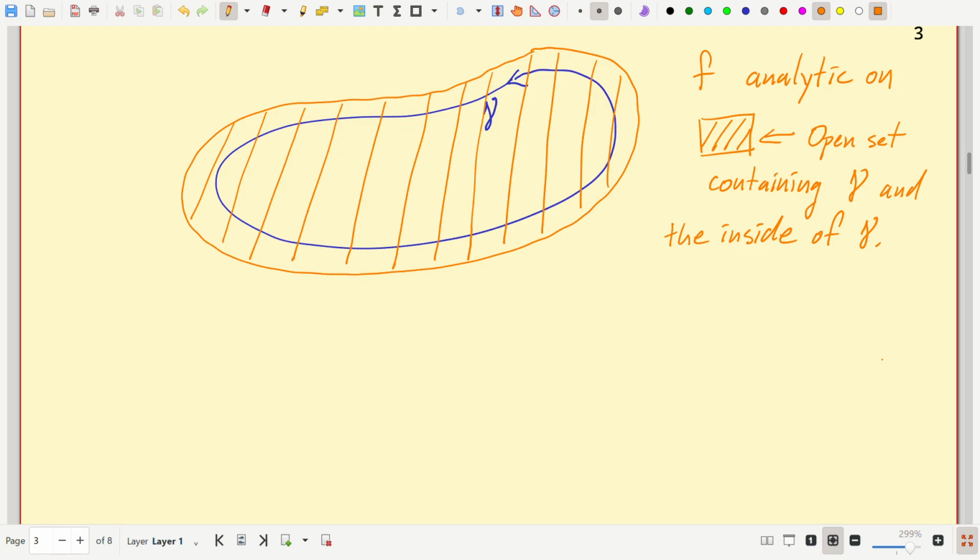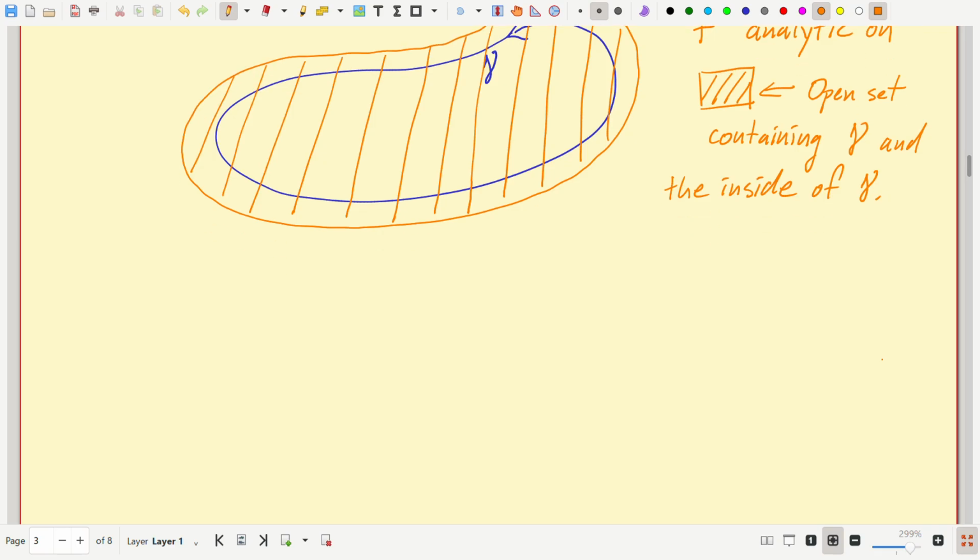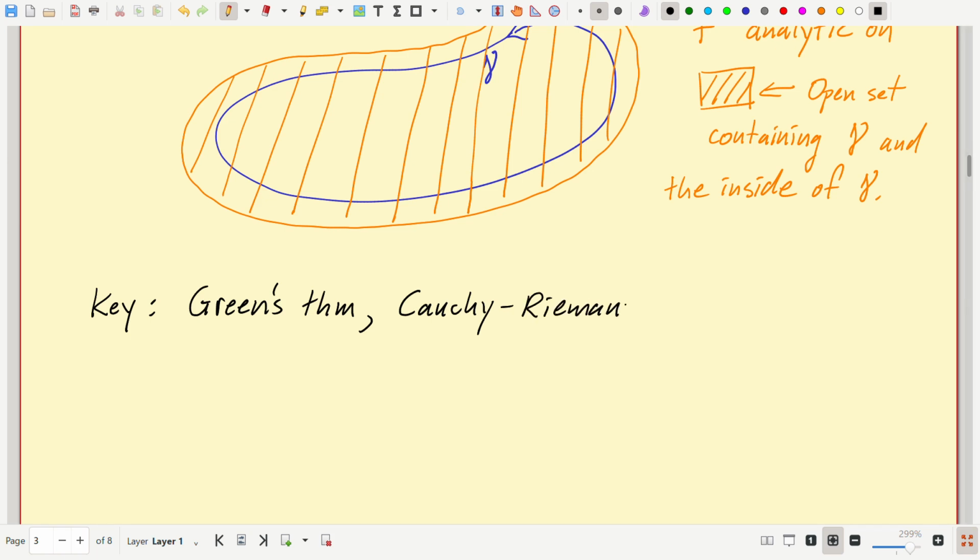And the key here is going to be two things: Green's theorem and the Cauchy-Riemann equations. Combining those is going to be all there is to it.